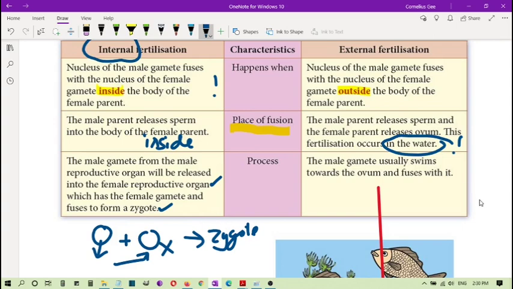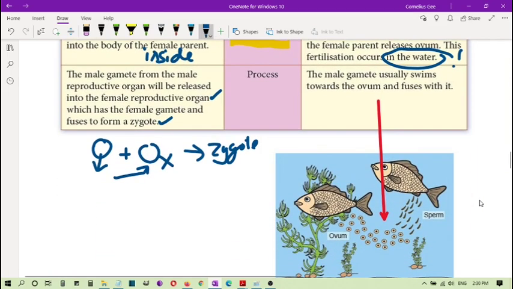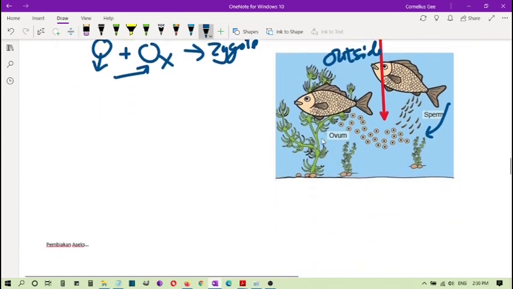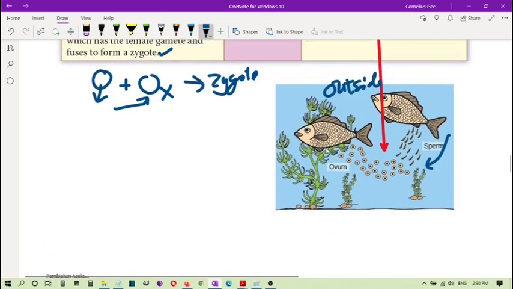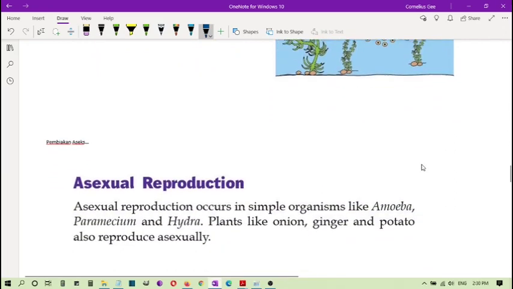For external fertilization, it's the same thing. The male gametes usually swim towards the ovum, but this takes place outside the female body, as you can see in this diagram. So with this, we continue on to asexual reproduction.